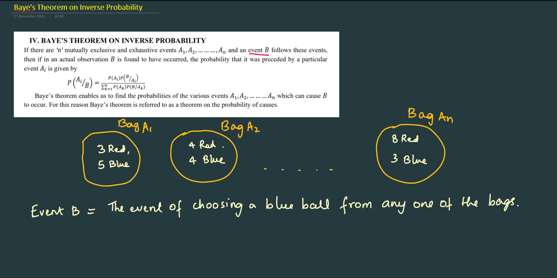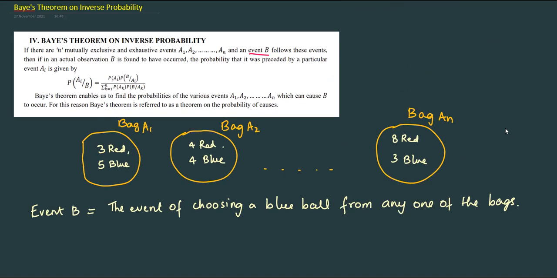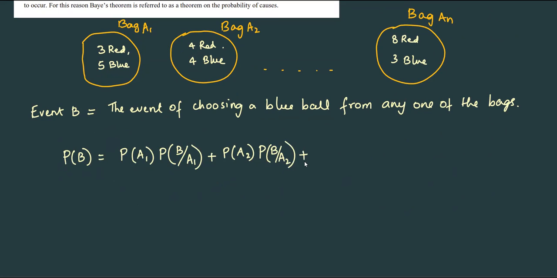Then what we get is, probability of B is probability of choosing A1 and probability of choosing a blue ball from A1, then probability of A2 and probability of choosing the blue ball from the bag A2, and so on, probability of choosing the nth bag and probability of choosing the blue ball from the nth bag.